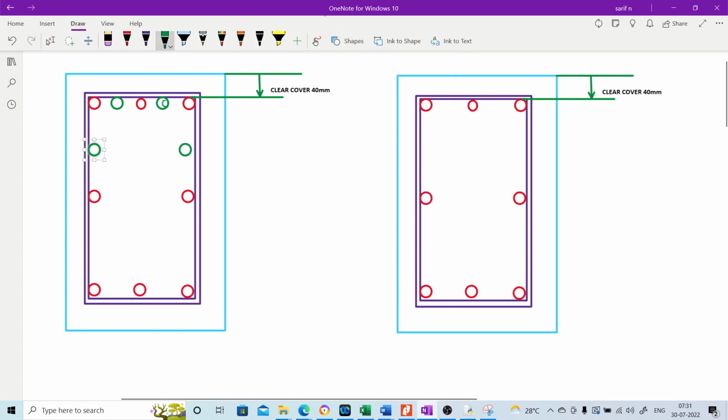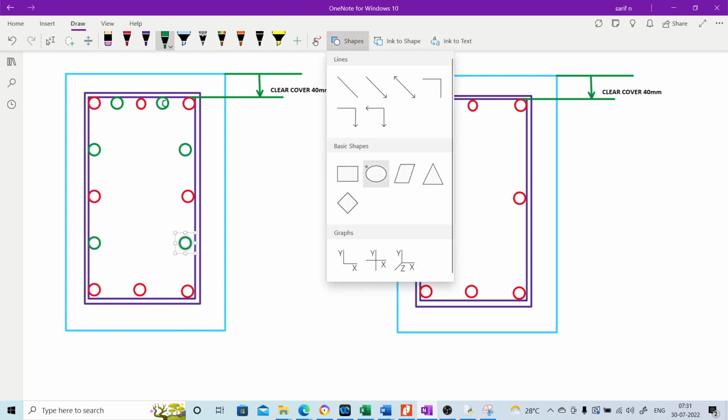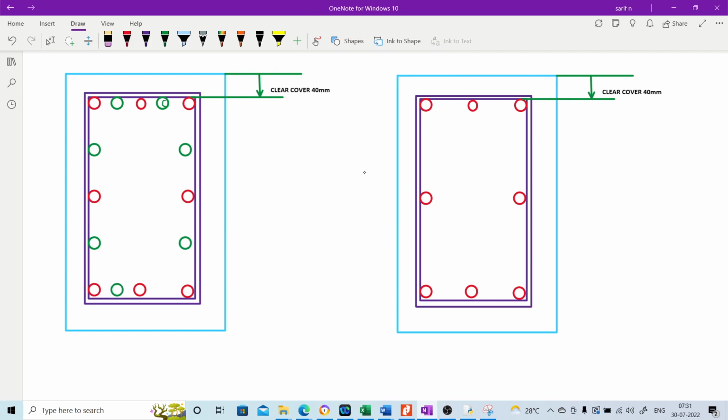So another 20 mm here. So this is how we will provide the bars. We have 8 20 mm bars as well as 8 25 mm bars. So in this way we can provide the reinforcement. Okay, and what is shown on the outer is the link.